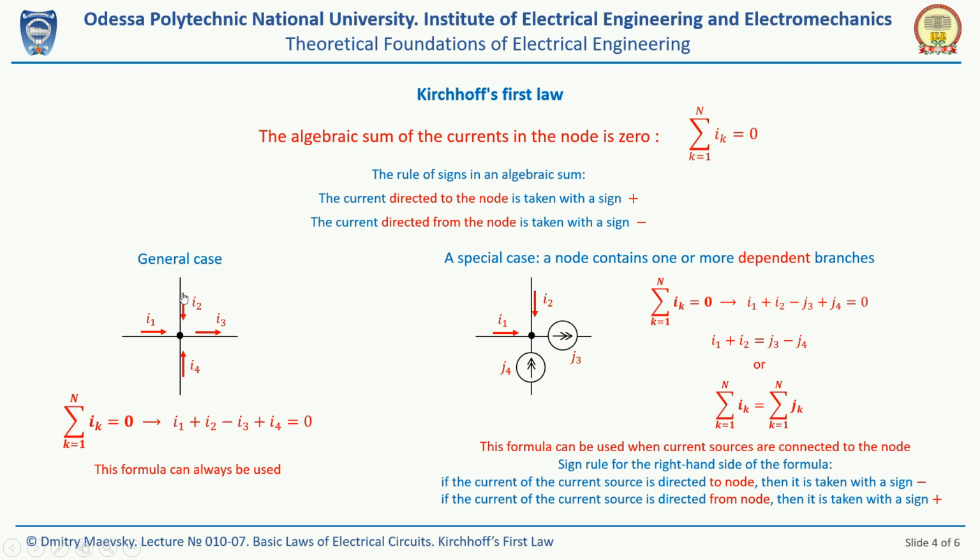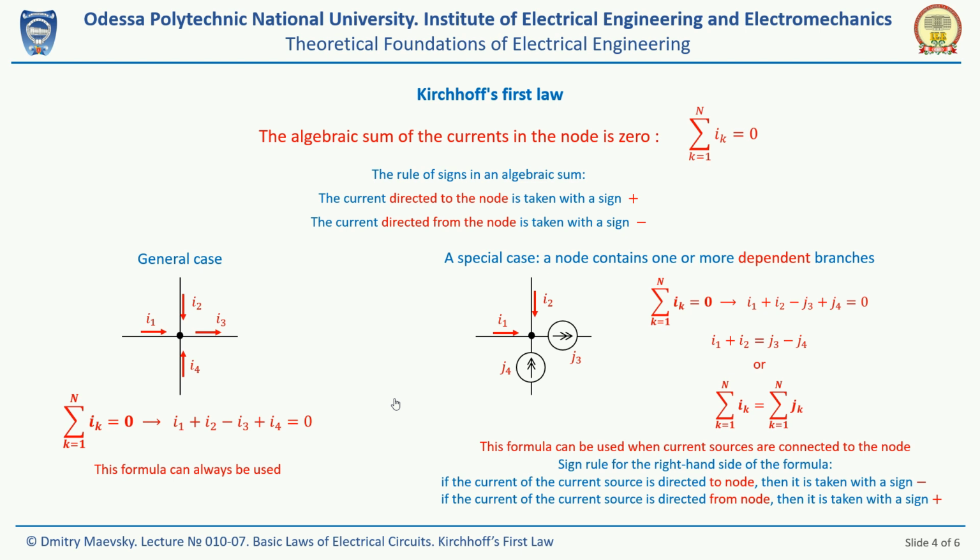The same can be said about currents number 2 and number 4. But, as you can see, current number 3 is directed from the node. Therefore, it enters the equation with a minus sign. The algebraic sum of these four currents is 0, according to Kirchhoff's first law.